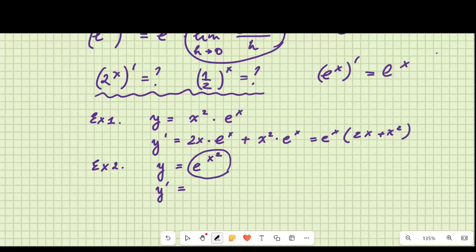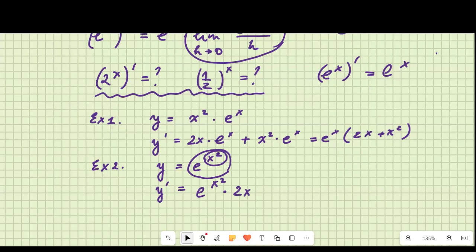So the derivative of e to the power of u is e to the power of u, right? So I'm just going to copy e to the power of x squared. Then I need to multiply by the derivative of the argument. The derivative of x squared is 2x, and that's going to be my final derivative. Okay? That's all about differentiation.